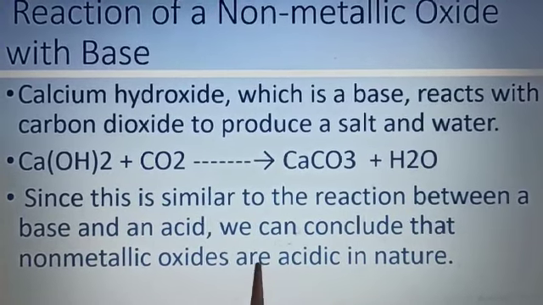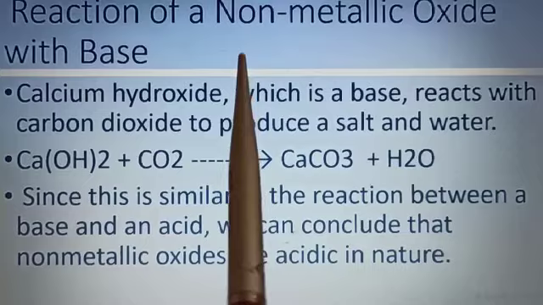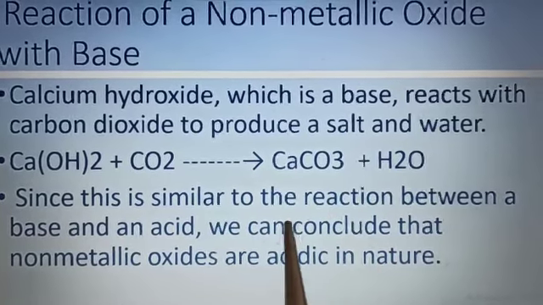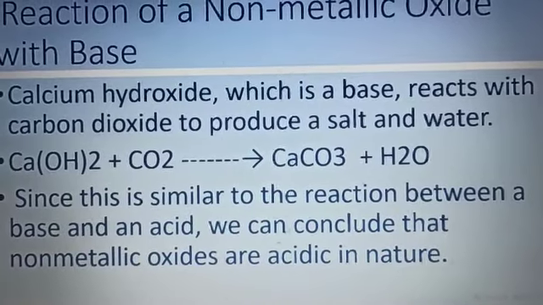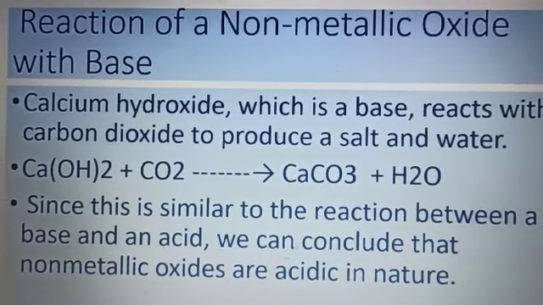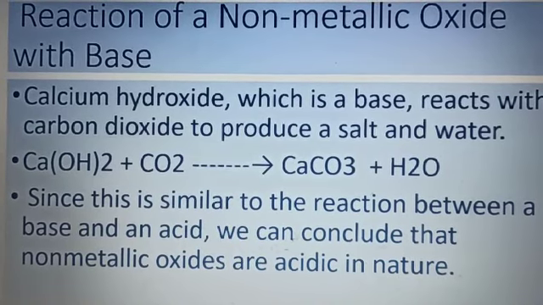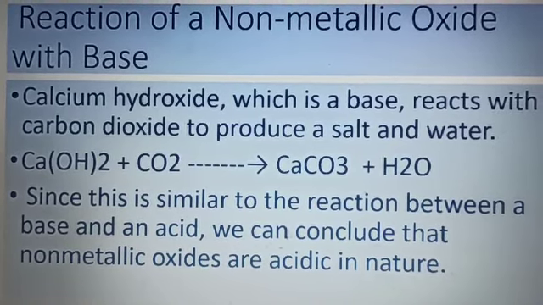So always remember, these metallic oxides are basic in nature and non-metallic oxides are acidic in nature. If you test non-metallic oxides with blue litmus paper, you will find that it changes to red, which indicates that it is acidic in nature. Right?